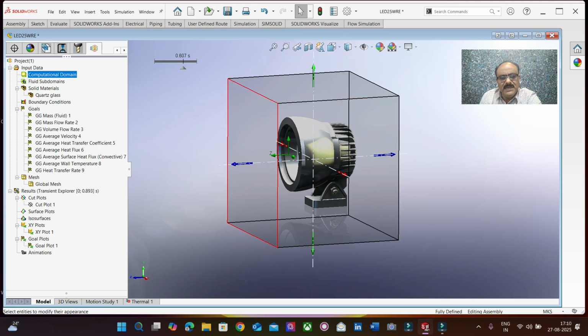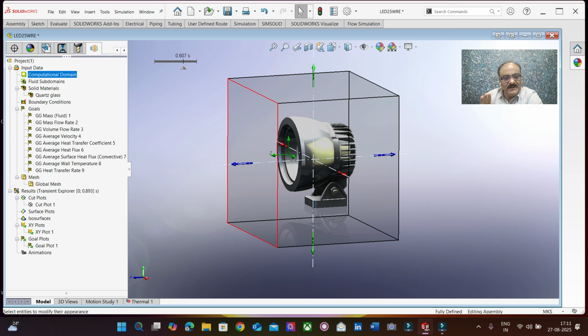There are too many parameters. Once we decide that we are just worried about the thermal distribution of the heat generated from the LED bulb, we also need to understand the temperature distribution across the structure. That is the point of interest.